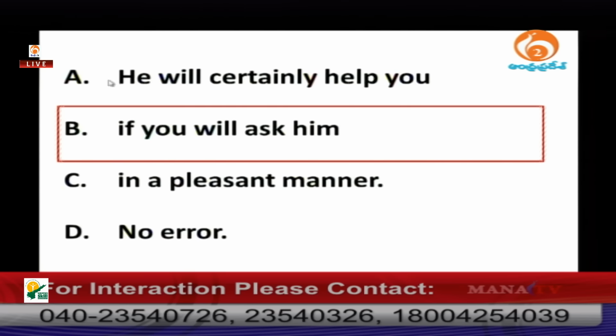The first one is grammatically accurate. He will certainly help you if you ask him in a pleasant manner. When the will is already used for the future tense once, it's not required again. So the correct form will be: he will certainly help you if you ask him in a pleasant manner.